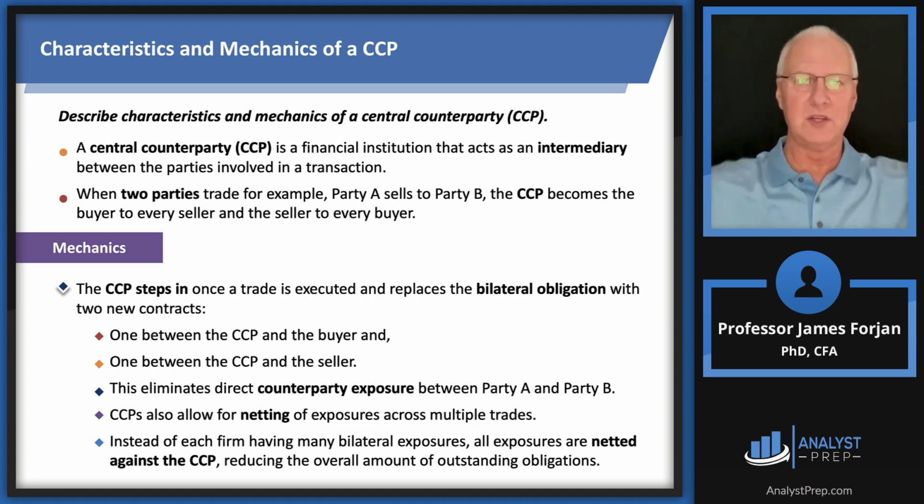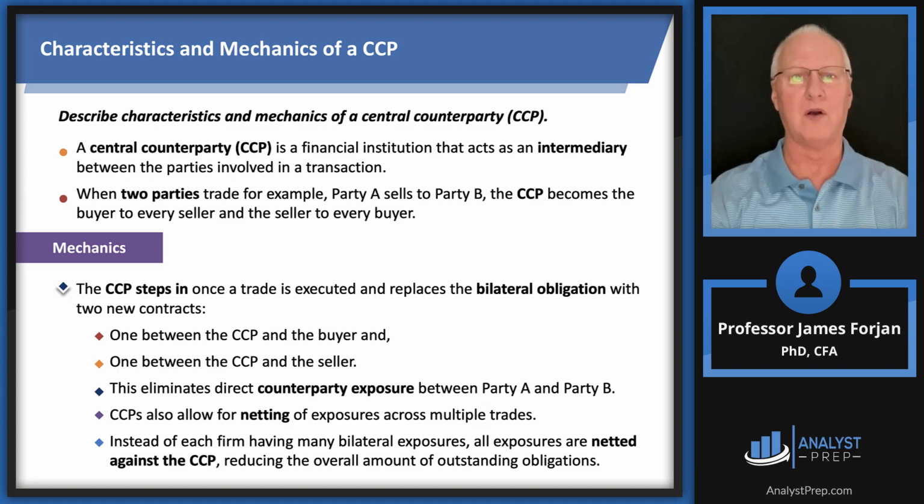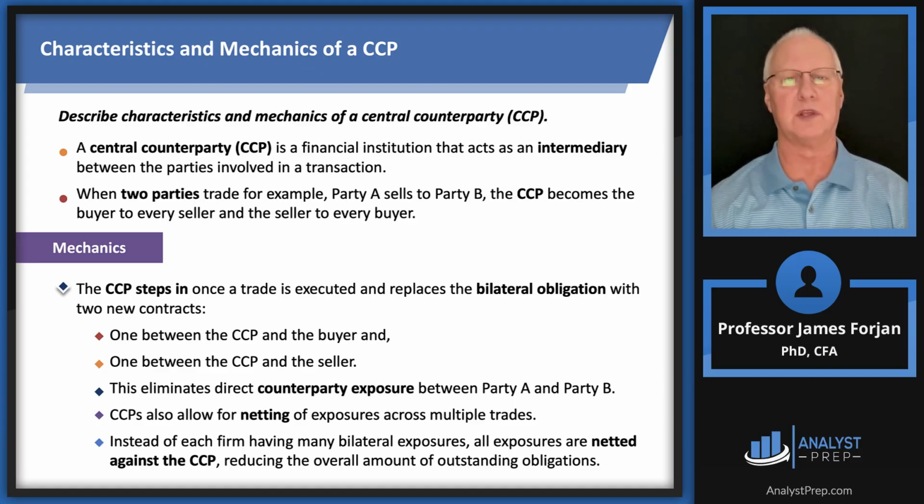So instead of having these two people worrying about each other, now the central counterparty steps in and takes care of all that stuff. And when I say all that stuff, well, that's what we're going to do over the next 30 or so slides. But lots of these slides are going to be similar to what we did in that previous chapter.